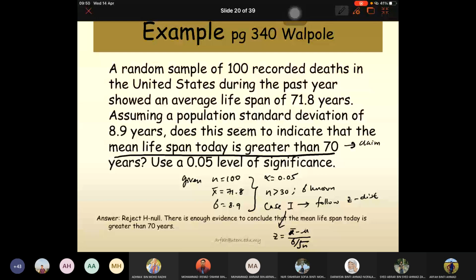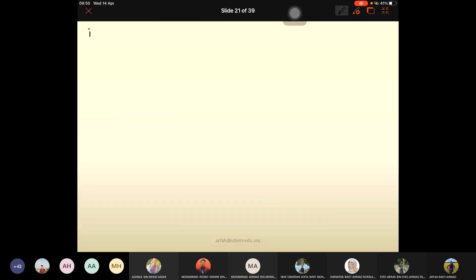Okay, so from here, list down your H0 and H1. We want to study the lifespan. So H0: mu is less than or equal to 70 and H1: mu greater than 70. Because we want to test, is it true that the mean lifespan is greater than 70?